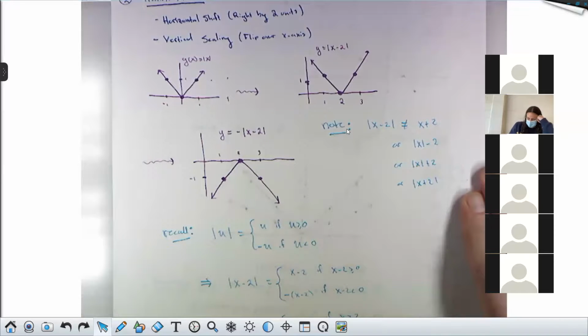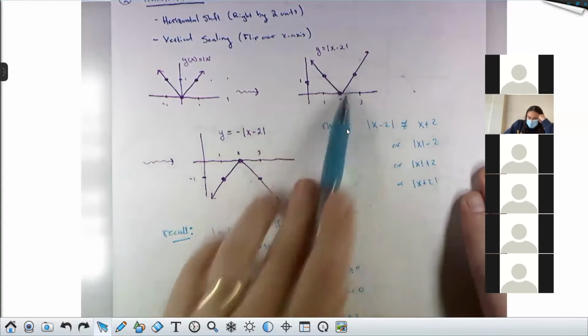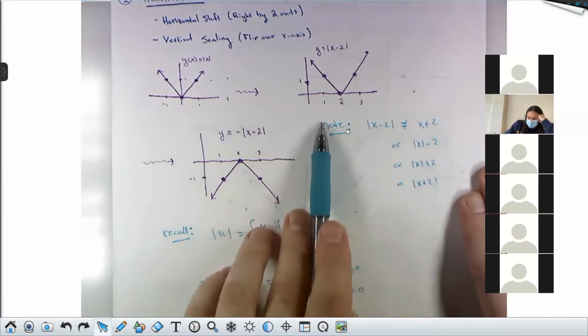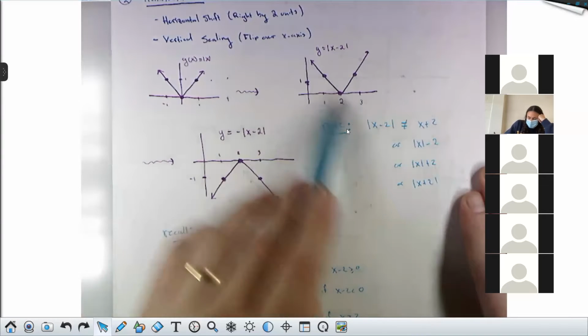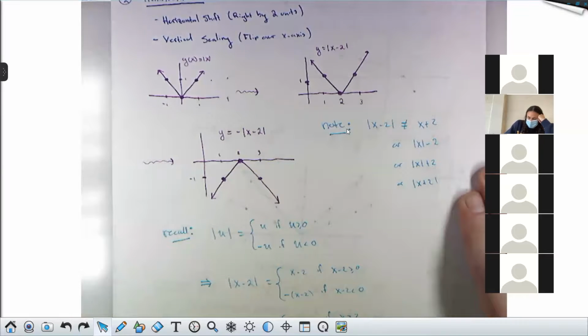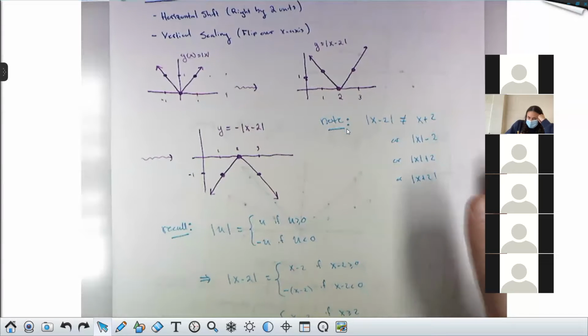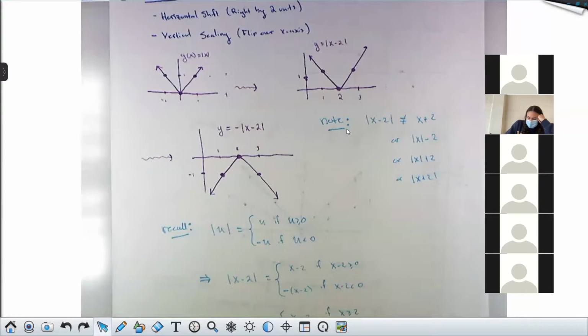And if you look for x's which are greater than or equal to 2, oh, that's not what we have graphed there. Sorry, this guy. Yeah, this guy behaves like x minus 2 if x is bigger than 2, and negative x plus 2 if x is less than 2. Very good. All right. Yeah, the piecewise definition of the absolute value function is really useful.